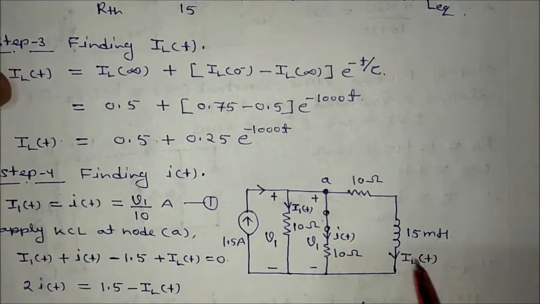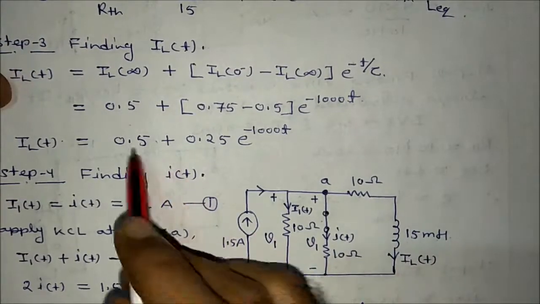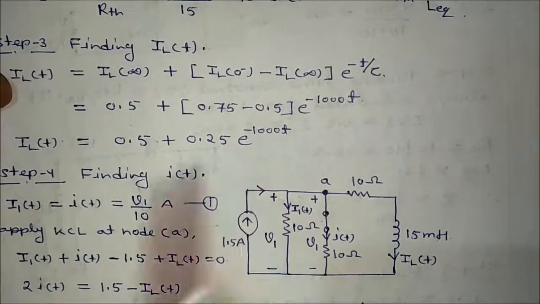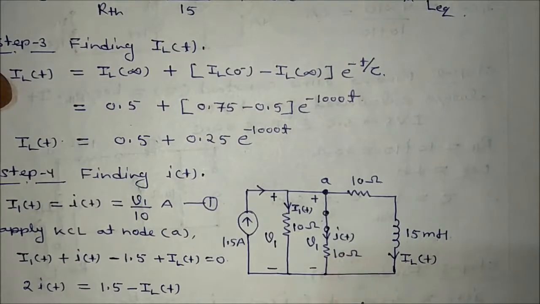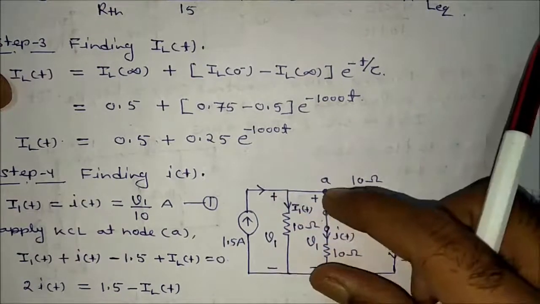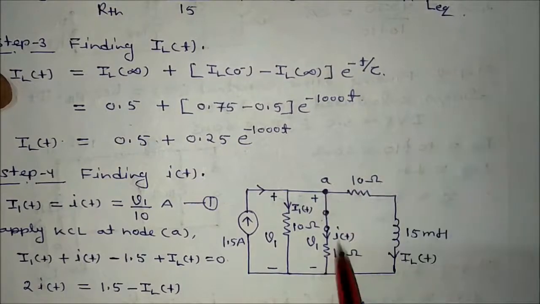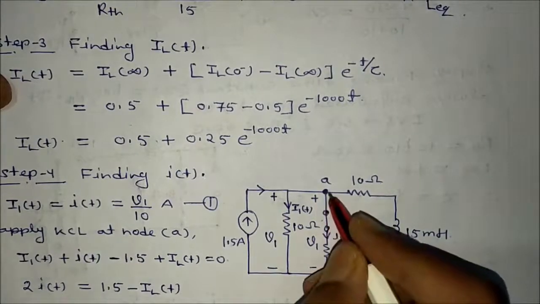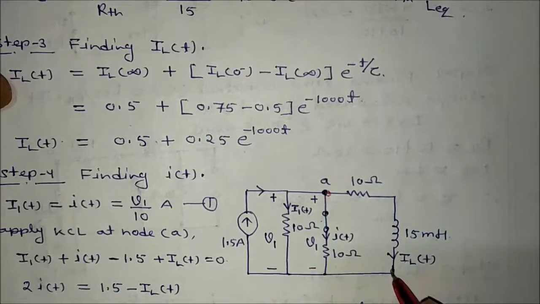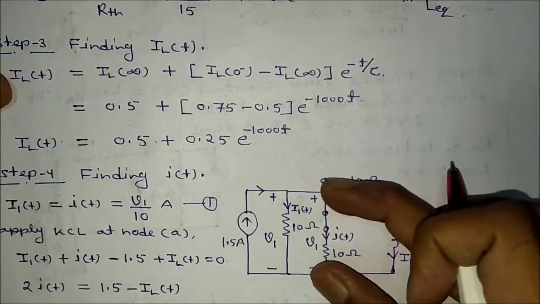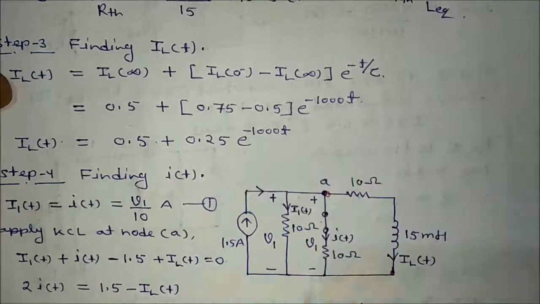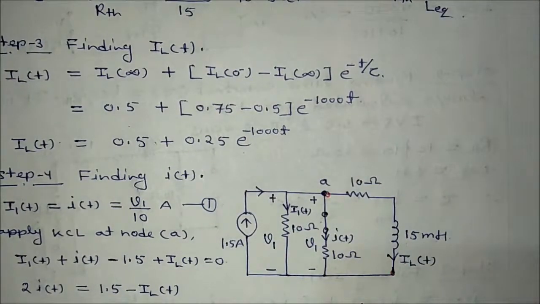Now you know the value of iL(t), that is equal to this amount. We have to calculate i(t). Now see, this voltage and this voltage will be the same, and from this point to this point, this voltage, this voltage, this voltage and this voltage, all voltages are equal to what?